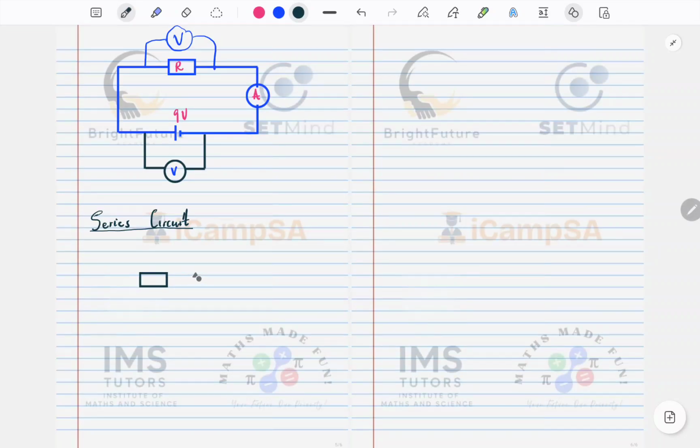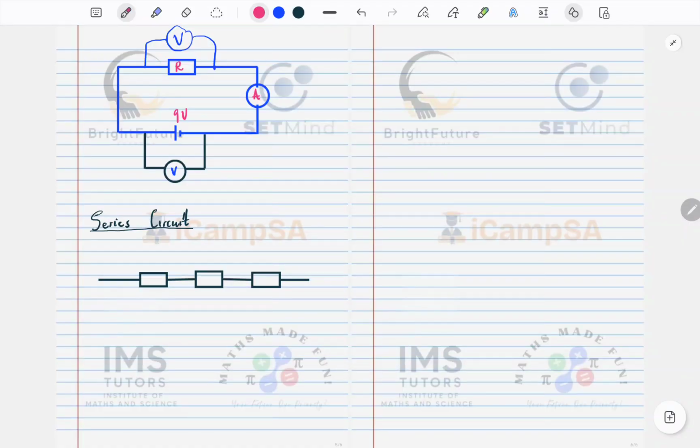I've got this box, I've got my other box, I've got my other box here. You see, they are lined up, they are following each other. So I can have something like this, my wires connecting these boxes.